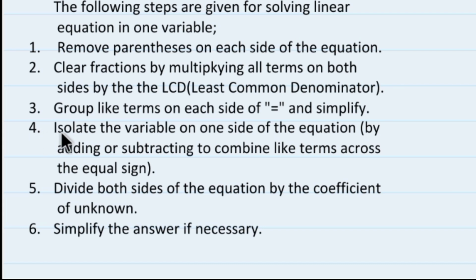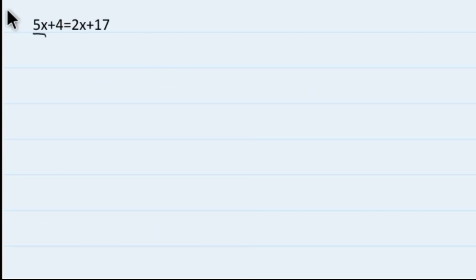Step 4 says isolate the variable on each side of the equation. How? By adding or subtracting to combine like terms across the equal sign. Now let's follow this step 4. In this step, we have to isolate like terms on each side of the equation.